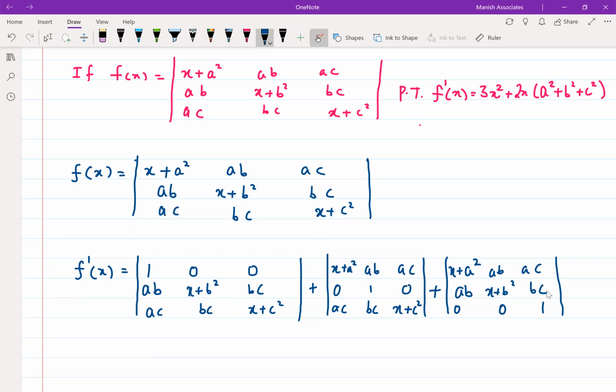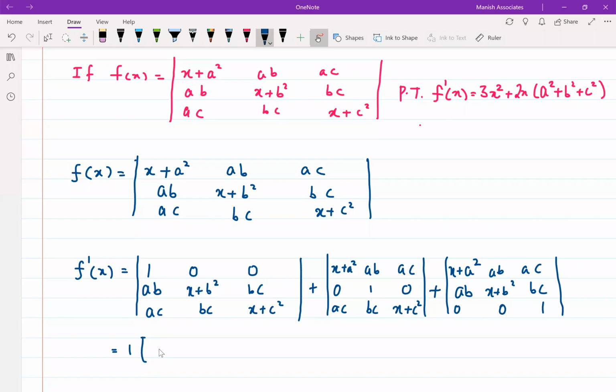You will have followed that when you are solving these problems, differentiate the first row, remaining rows as it is, plus the determinant of, differentiate the second row, remaining rows as it is, plus the determinant of, differentiate the third row and remaining rows as it is. Now take the determinant. ये determinants बहुत simple होंगे because बाकी सब एलिमेंट 0 बनेंगे.